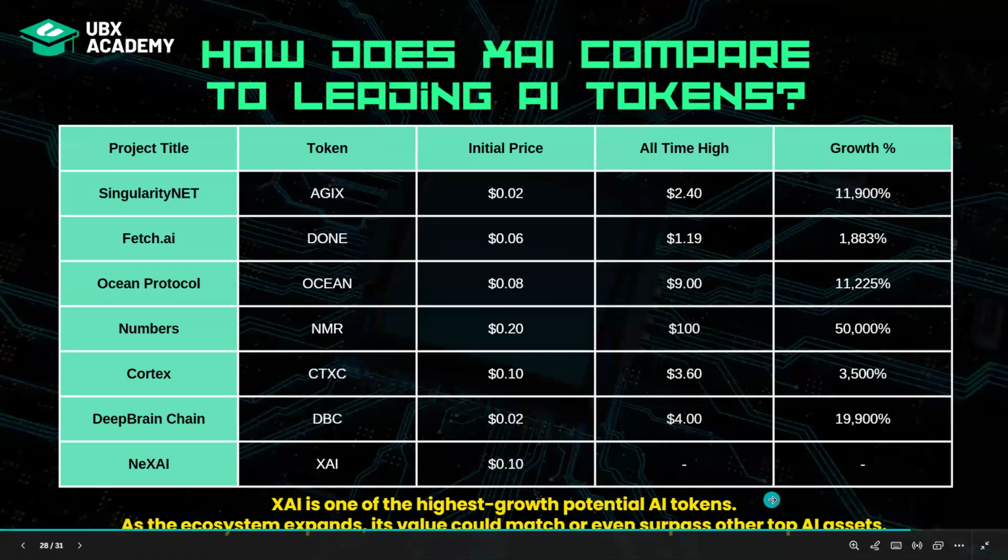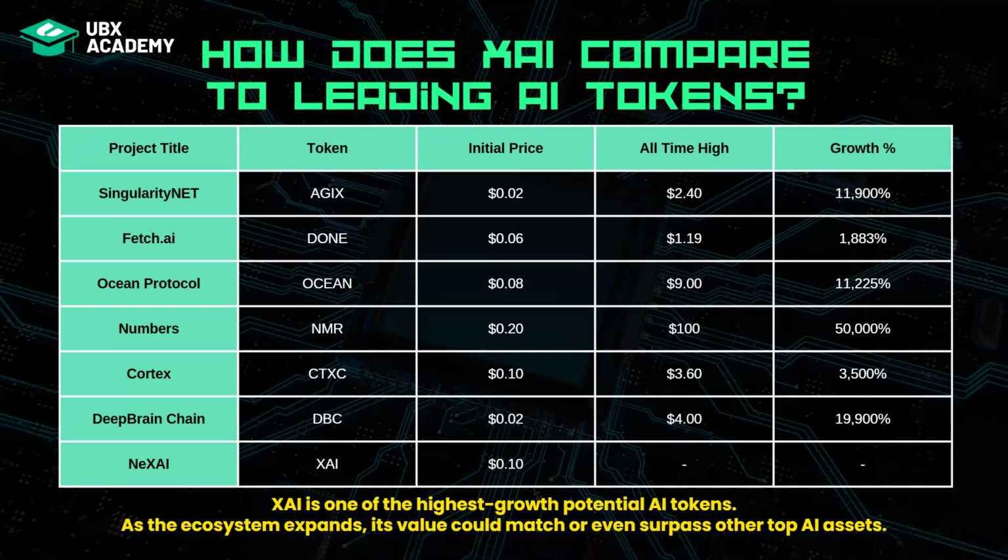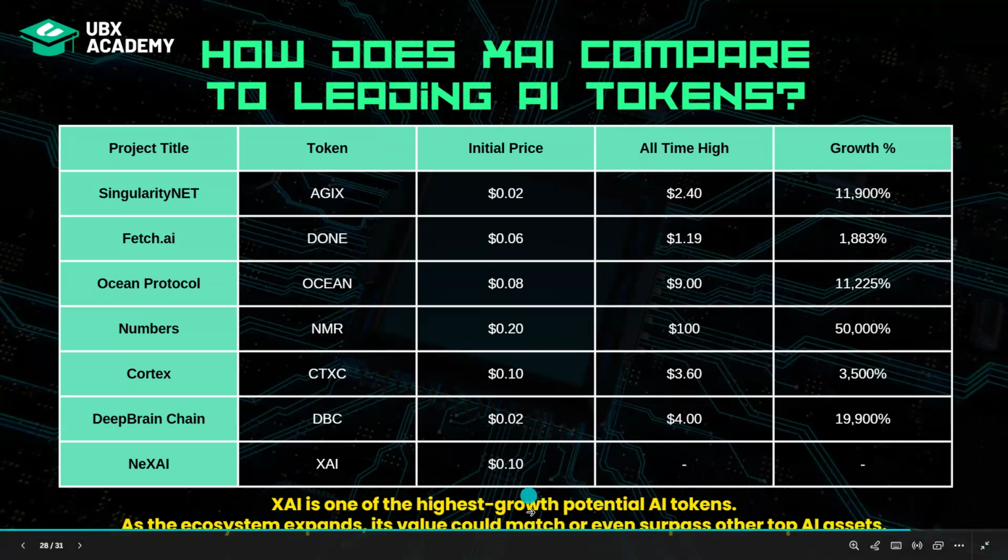XAI is one of the highest growth potential AI tokens, as our model of getting compute power is different from all these companies, using community power to gather the contribution. So as the ecosystem expands, the value could match or even surpass the top AI assets.